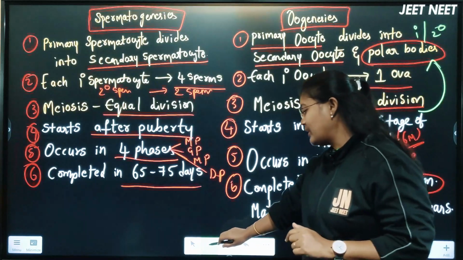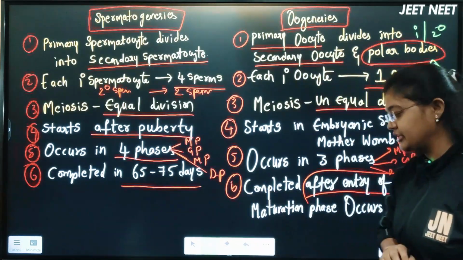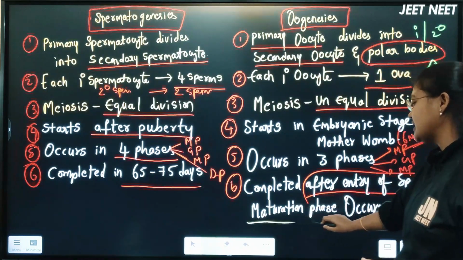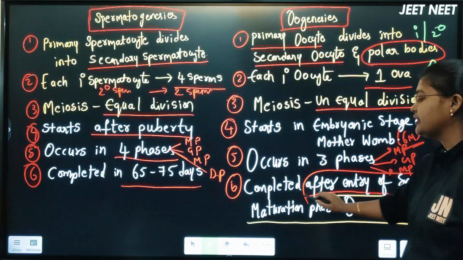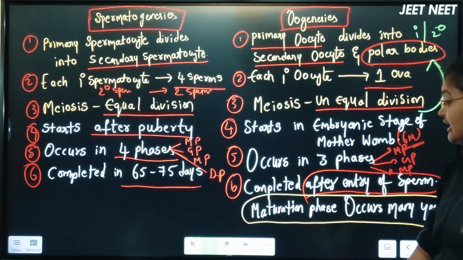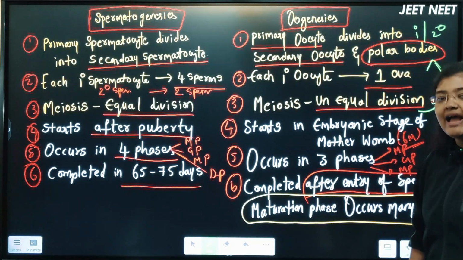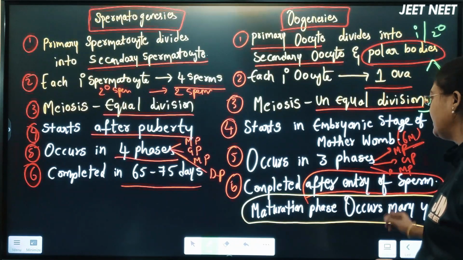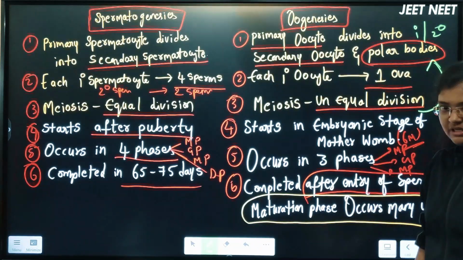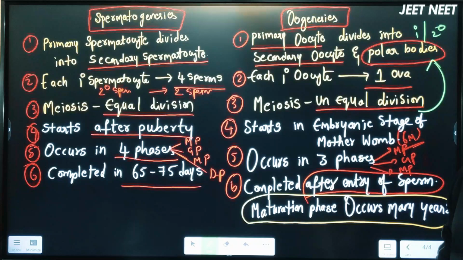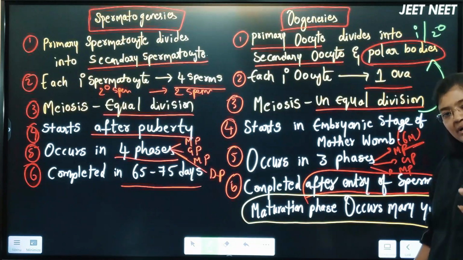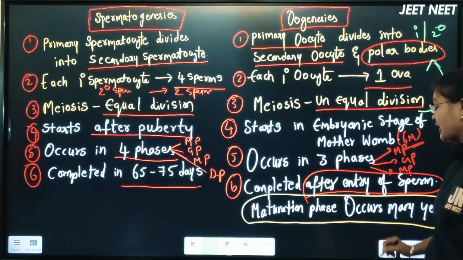And one more point, one time NEET has asked this question here, that is which phase occurs for a longer period of time in oogenesis? That is the maturation phase. I told you this point very clearly. Multiplication phase, started and completed in the mother's womb. Growth phase, started and completed in the mother's womb.